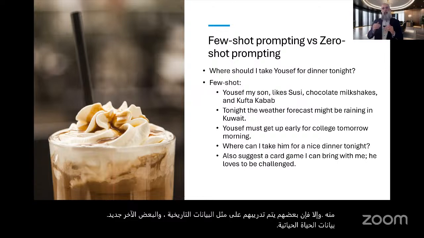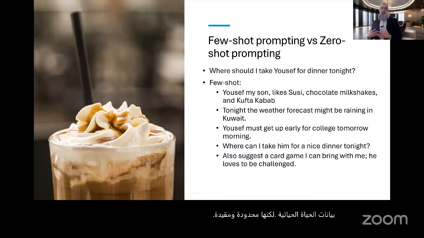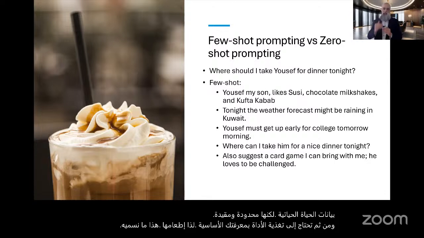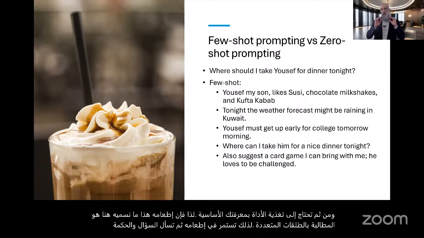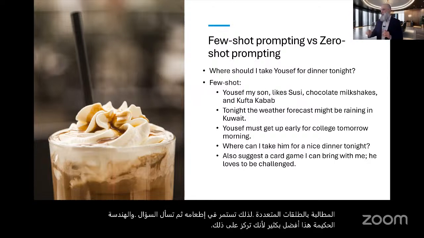Hence, you need to feed the tool with your background knowledge. So feeding it, this is what we call multi-shot prompting. You keep feeding it, and then you ask the question. Engineering-wise, this is much better because you are focusing and giving more precision. So this is how we do it here.